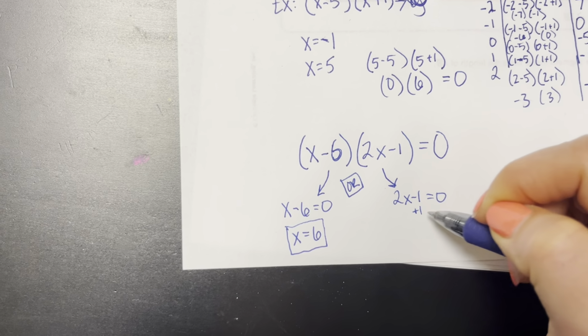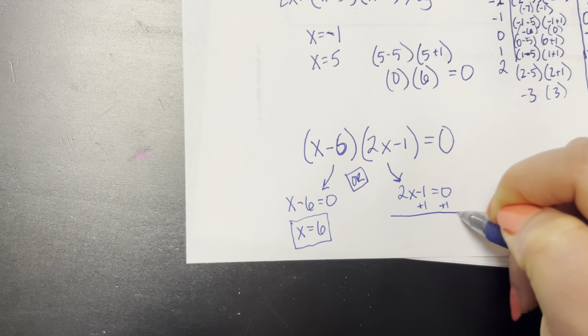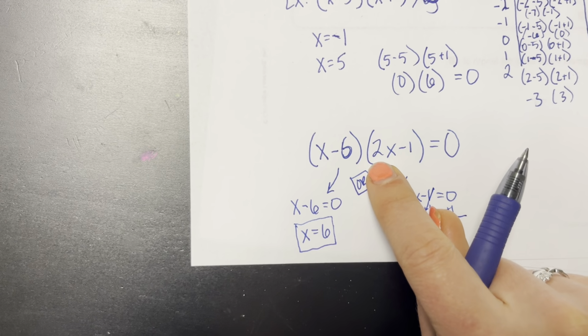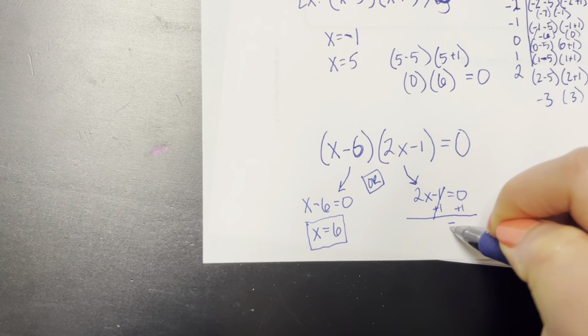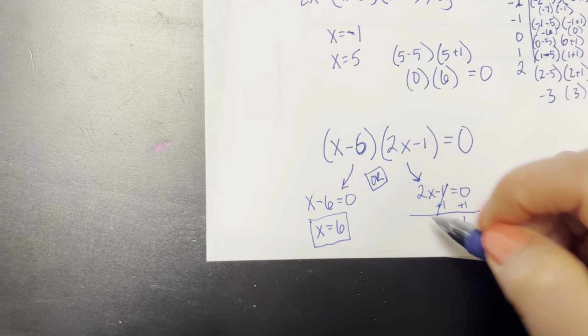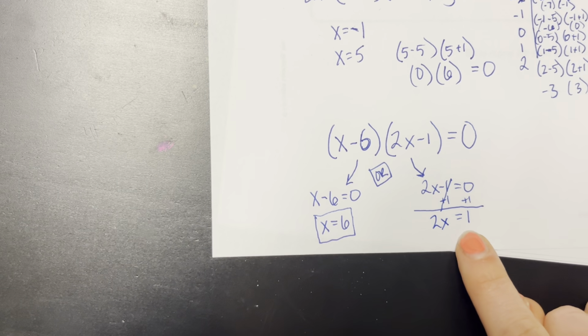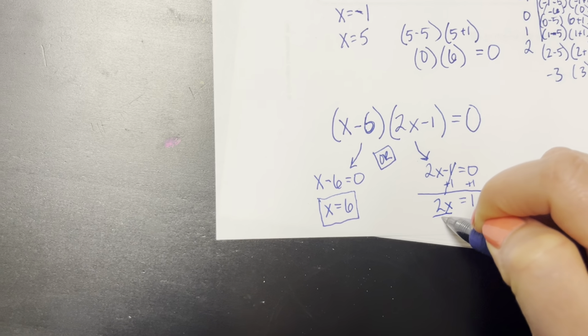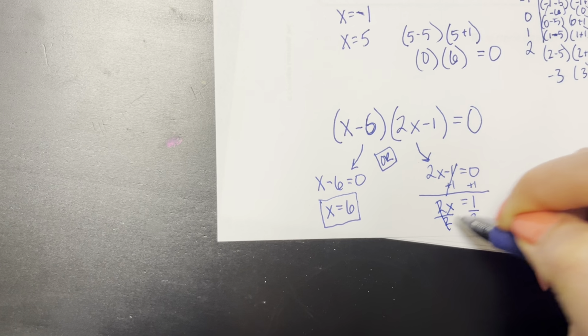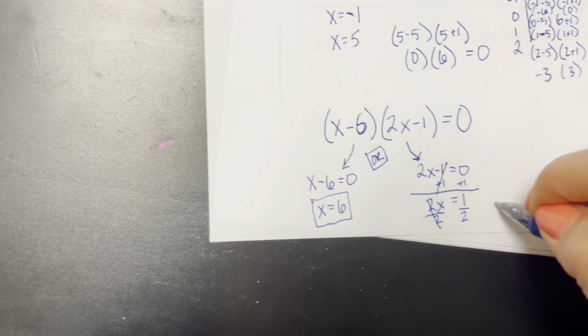So I'm going to do the math out here for you. 2x minus 1 equals 0, so add 1 to both sides. If there's a number in the front, that's your cue that it's a decimal. So x doesn't equal 1, 2x equals 1. How do we get rid of a times 2? If we're isolating x, we divide by 2. X is actually equal to 1/2.